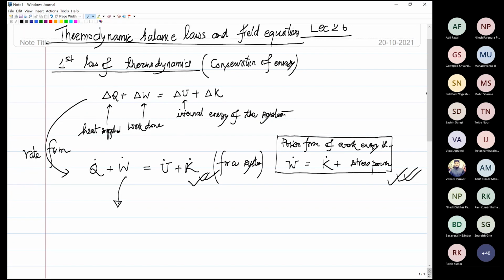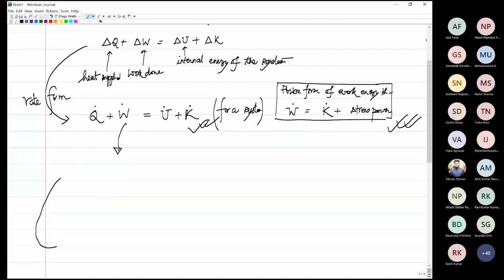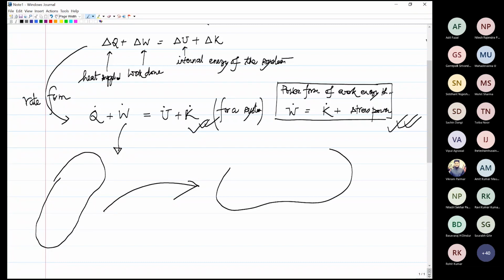Now our system, as you can recall, has some reference configuration which is evolving into the deformed or current configuration. Then we take a part of the body, which could be this, and that's your reference region, which in the current configuration is dt, occupying the region dt.